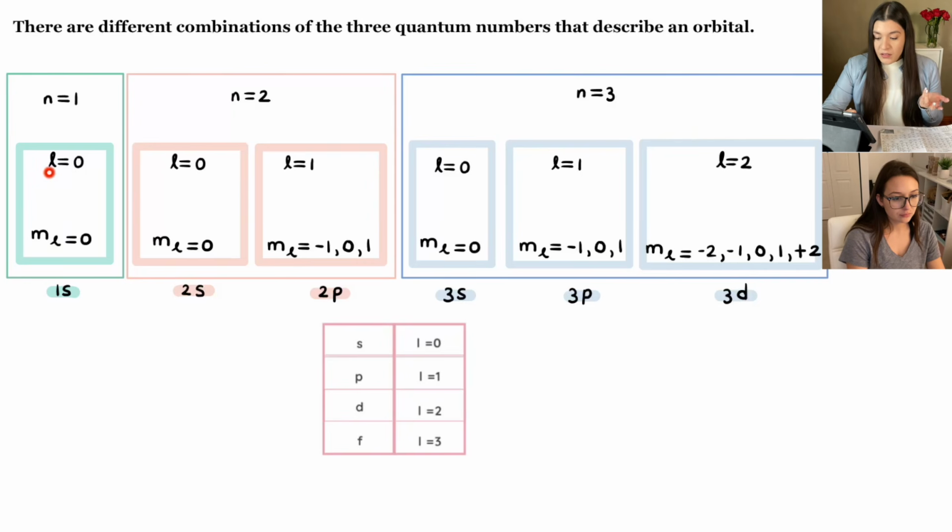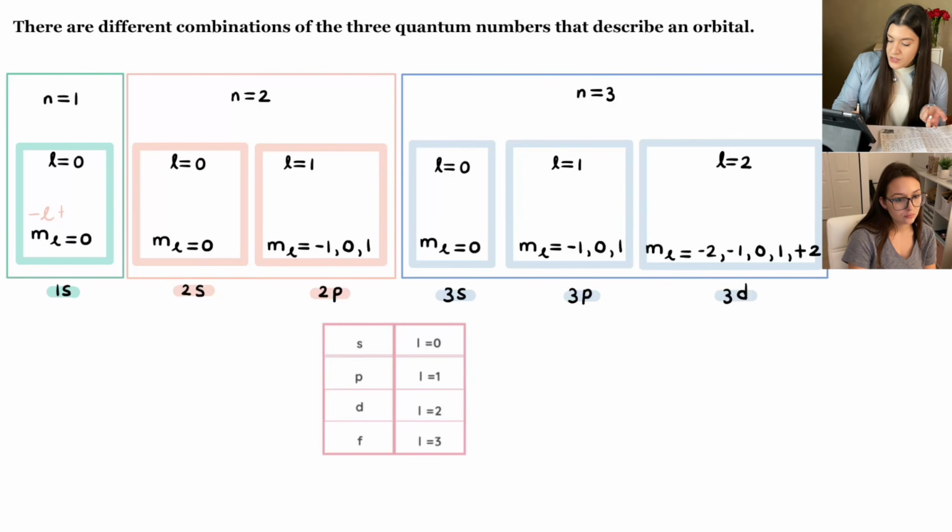The l comes from our little chart that we saw before, which is the shape of the orbital. Since l is equal to 0, that means it's s. That's where I got that it's s. And the last thing again was m sub l, which goes from negative l to positive l. Since l is only 0, there's no negative 0, it's just 0. That's why m sub l is just 0.